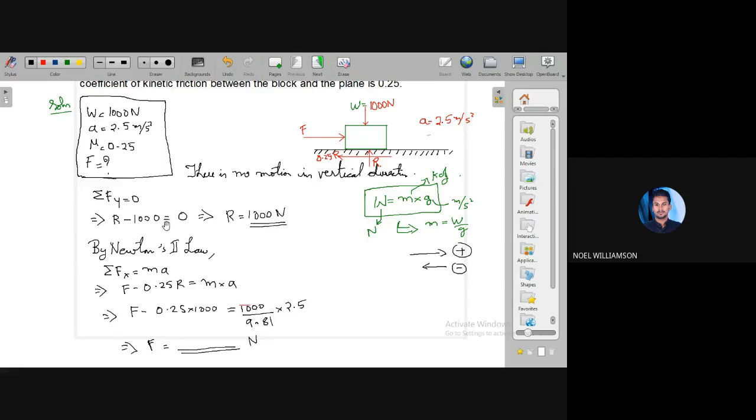But where there is motion, we are considering Newton's second law, where it is defined that the sum of the forces in that particular direction, here it is the x-axis, it is moving in the x-axis, so sigma Fx will be equal to m into a, and the direction of the force will be taken as positive and the other as negative.